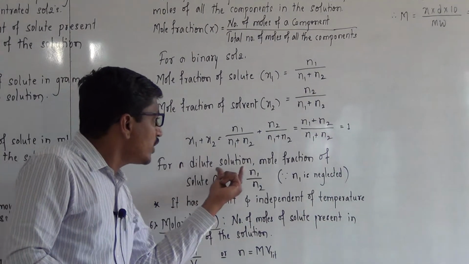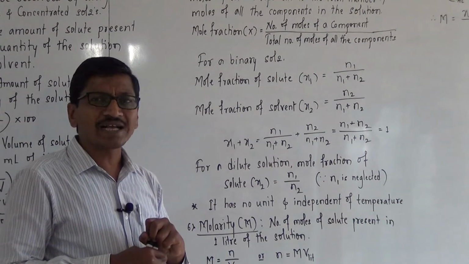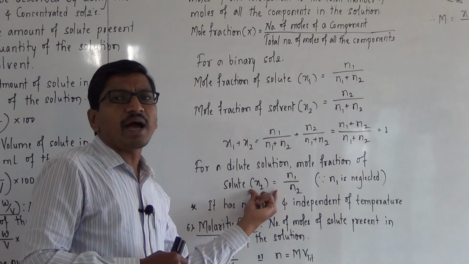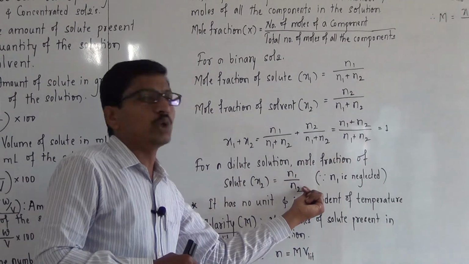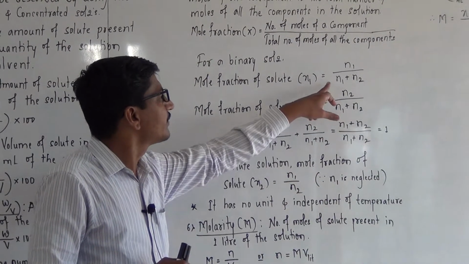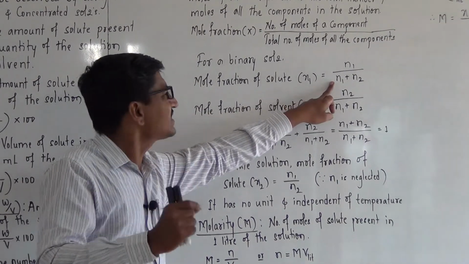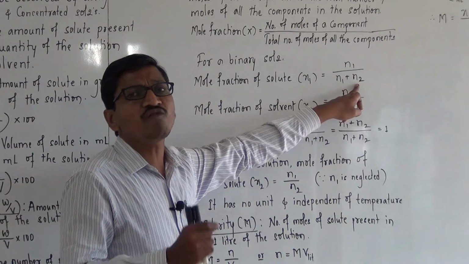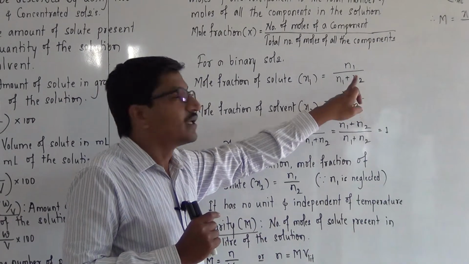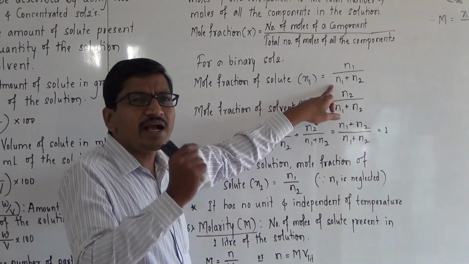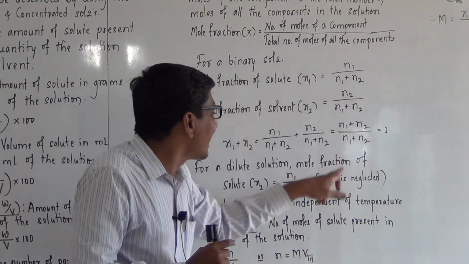And for a dilute solution, the mole fraction of solute is N1 by N2. In the denominator, N1 is negligibly small as compared with the number of moles of solvent, so it is neglected in the denominator.